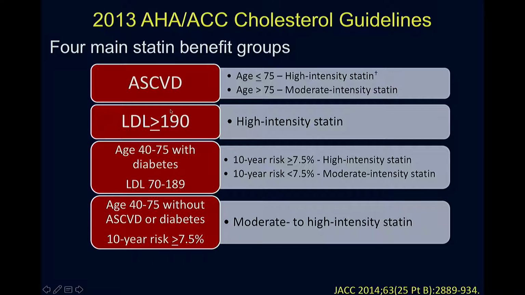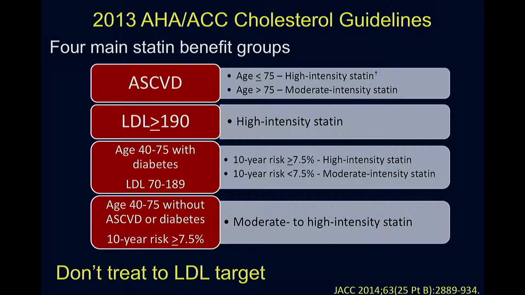And then if you don't have any of those reasons for treatment, but your risk calculates to being greater than or equal to 7.5% over 10 years using a risk calculator, then you would also warrant statin therapy, with the intensity of therapy being based upon these parameters in terms of what was studied, with these groups getting either high intensity statin, which is atorvastatin 40 or 80, or rosuvastatin 20 or 40, a moderate intensity statin being the lower levels of those, and I'll revert to that.